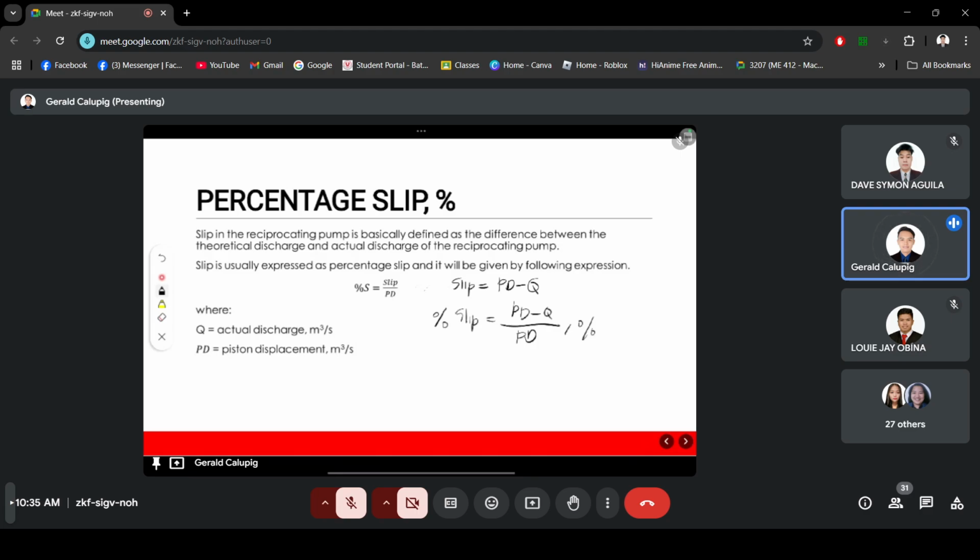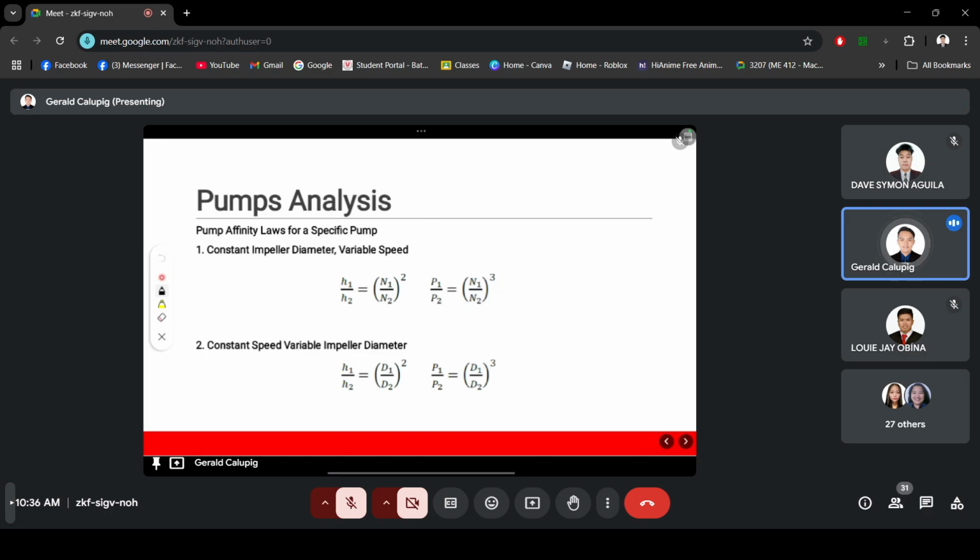So we can proceed to the next topic, which is the pump affinity laws. The affinity laws for pumps are a set of three mathematical principles that describe the relationship between the variables when the speed, impeller diameter, or other design parameters of the pump are changed.